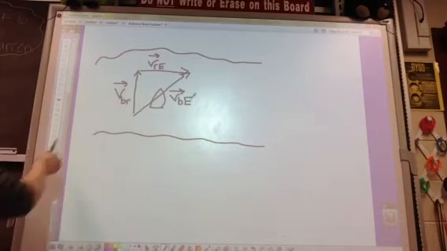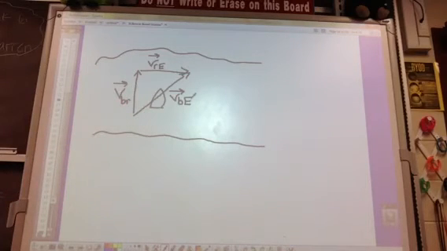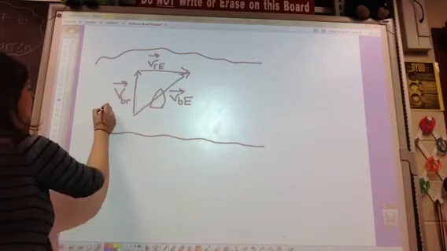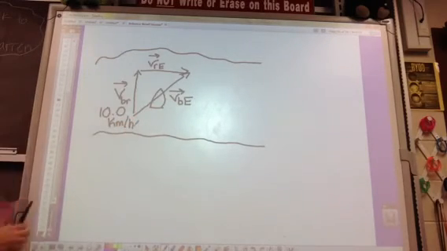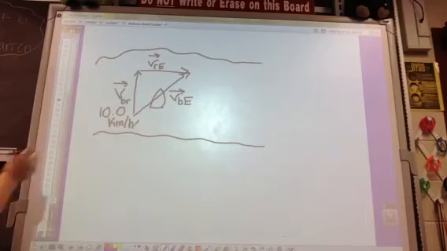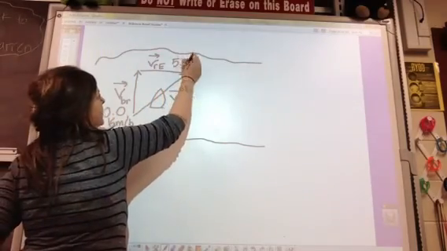They gave me that the velocity of the boat relative to the river was 10 kilometers per hour. And I know that the velocity of the river relative to the Earth was 5 kilometers per hour.